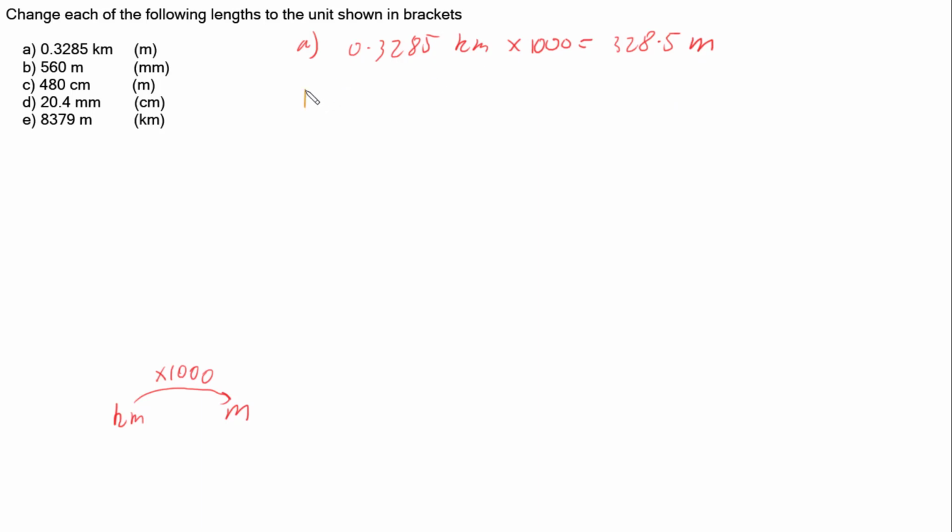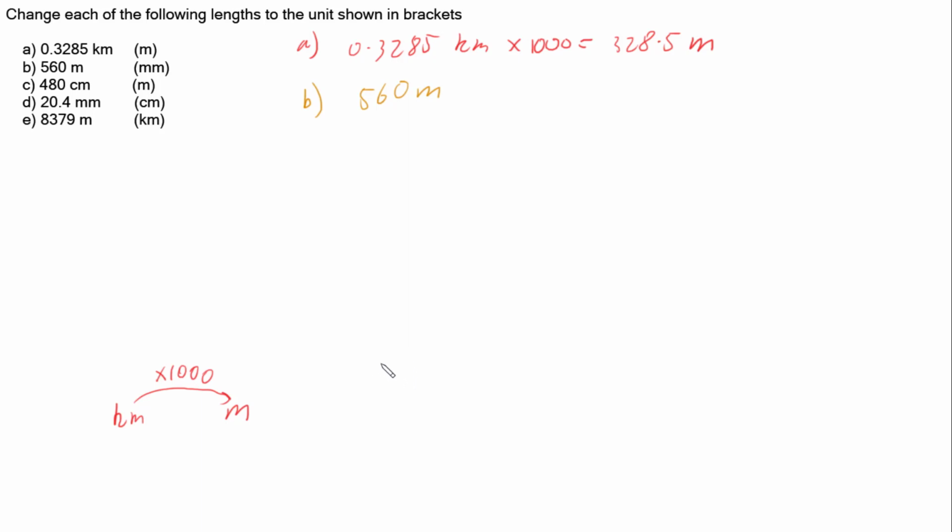Having a look at part B, we've now got 560 meters, and I want to convert that to millimeters. So maybe I'm wanting to convert it to millimeters so I can do a drawing, because usually a lot of scale drawings are done in millimeters.